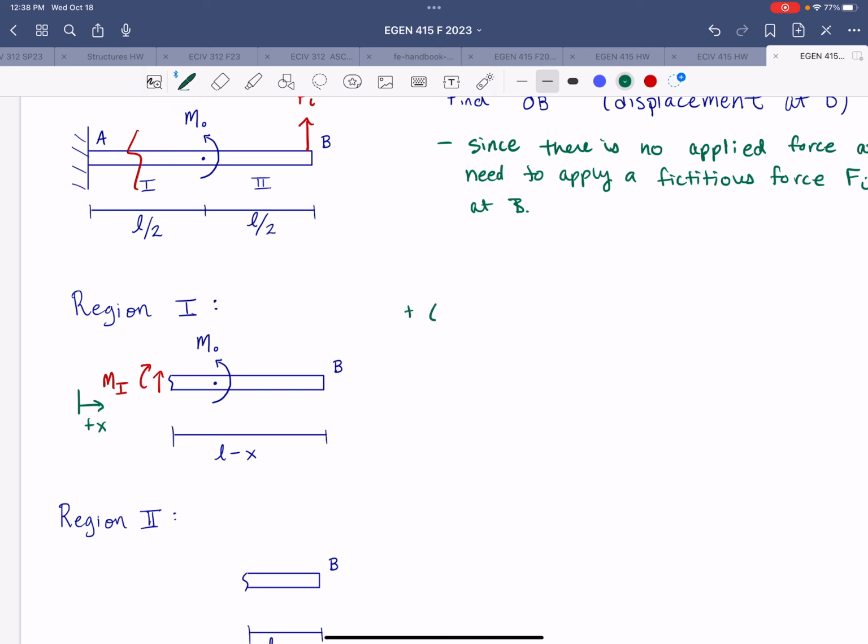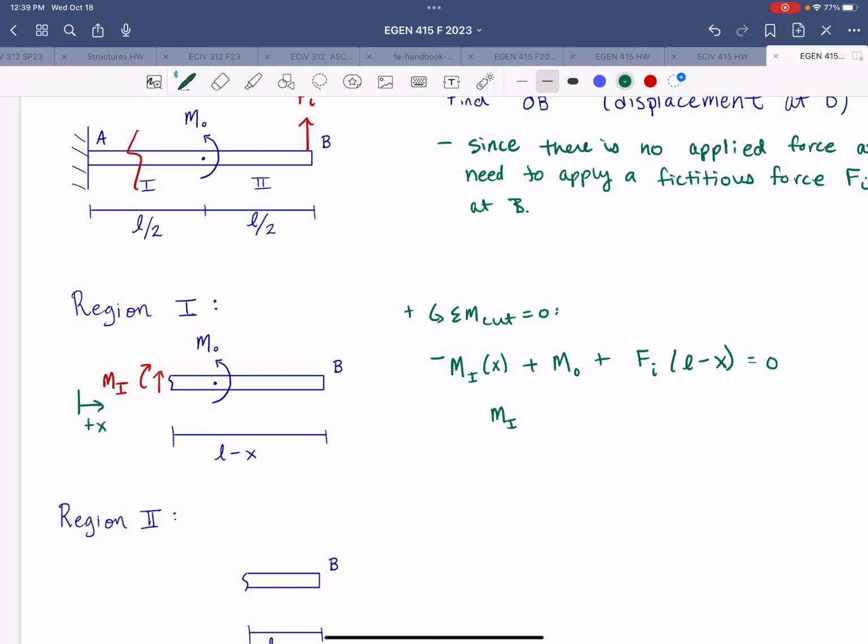So if we sum moments about the cut, we get our expression for moment in region 1. That's going to be negative M1 as a function of X, plus the applied moment M0, plus the fictitious force Fi times moment arm L minus X, is equal to 0.